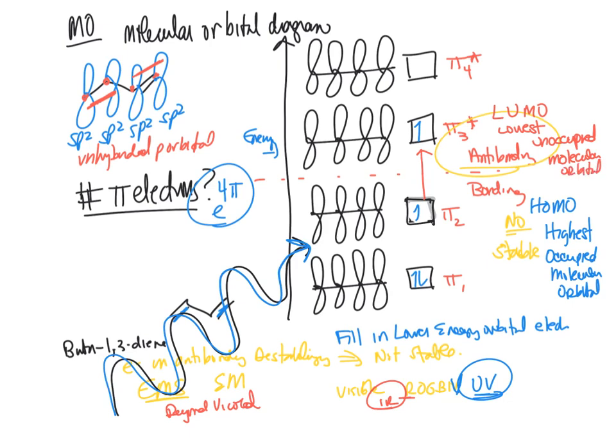Now what happens when you take this UV energy away, then that electron will relax back down. And the spectrum you're seeing is this energy gap between your HOMO and your LUMO orbitals.